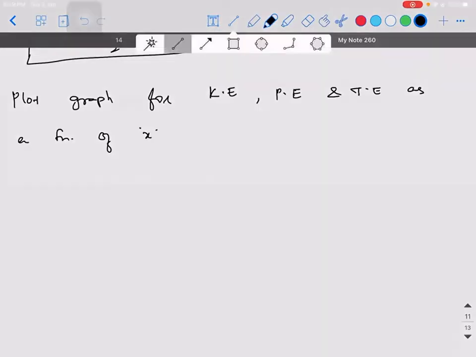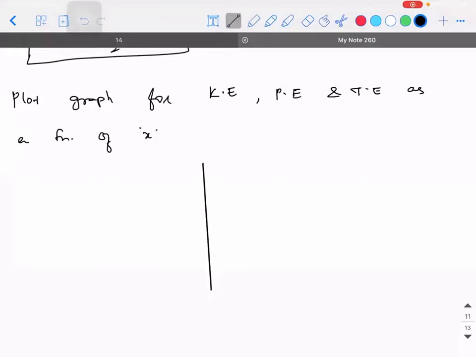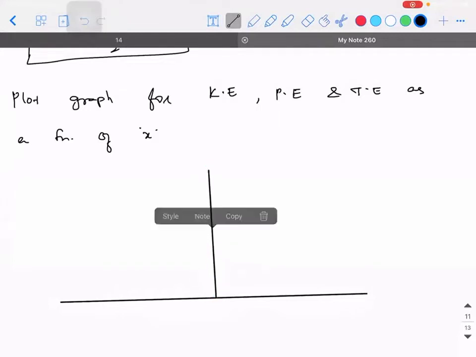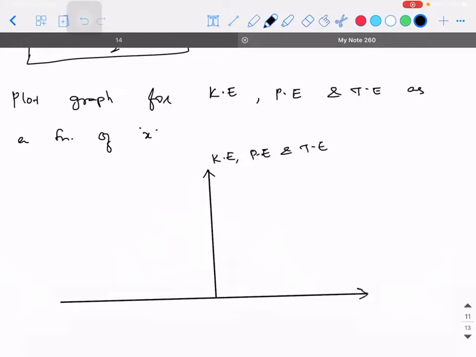Now see. Kinetic energy, potential energy, and total energy, everything will be on the y-axis, and displacement will be on the x-axis, because the kinetic energy, potential energy, and total energy are considered to be dependent on displacement, not the vice versa.